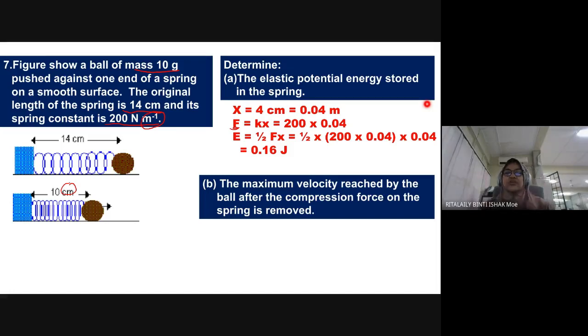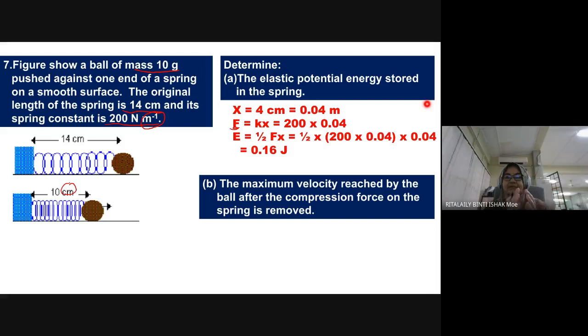Okay. So here we have a spring. We compress. So the spring store elastic potential energy. When the spring is let go, when we let go of the spring, the ball move forward. Okay, so what is the conversion of energy when this occur?